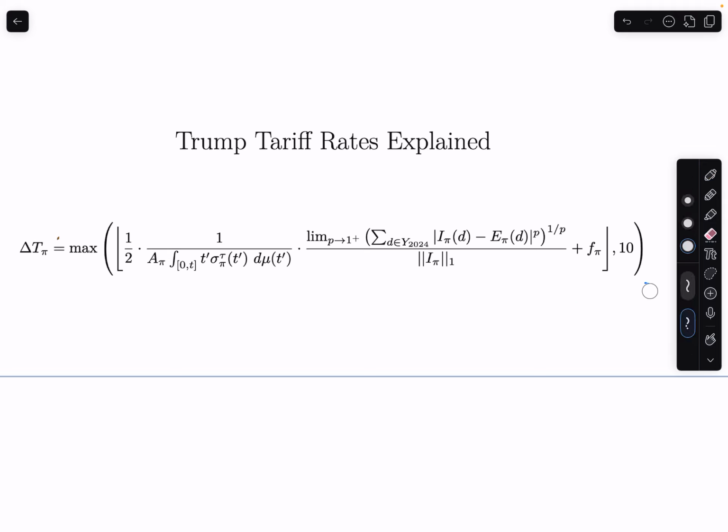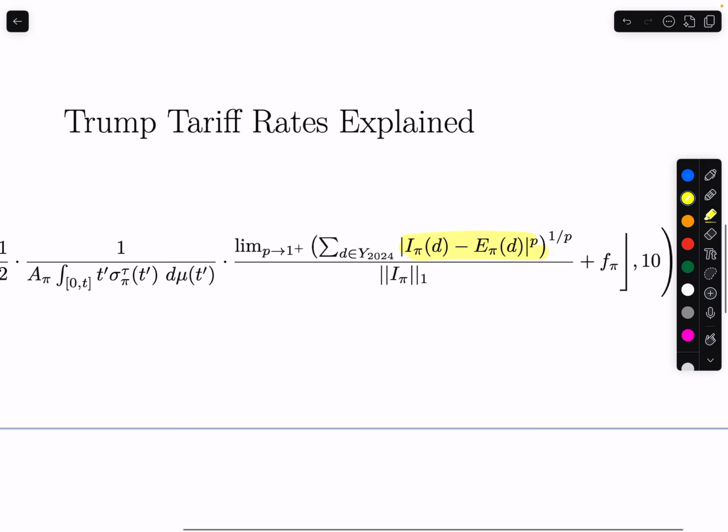Let's break this down. Let's start with this thing here. This is imports from the country. Imports minus exports. So imports to the United States minus exports to the United States, and we sum that up over all the days of 2024.